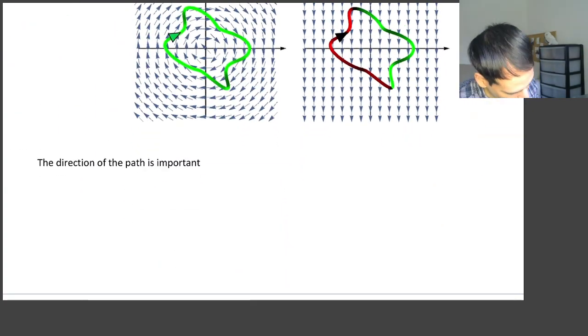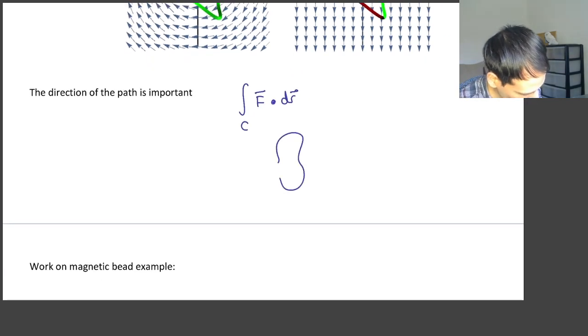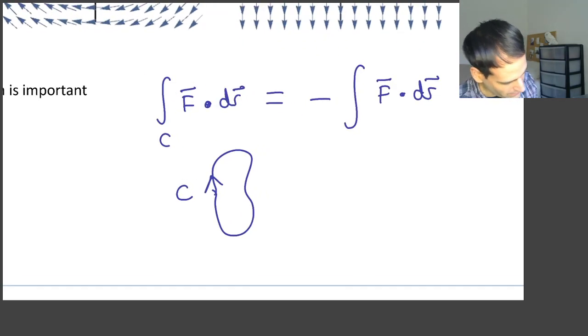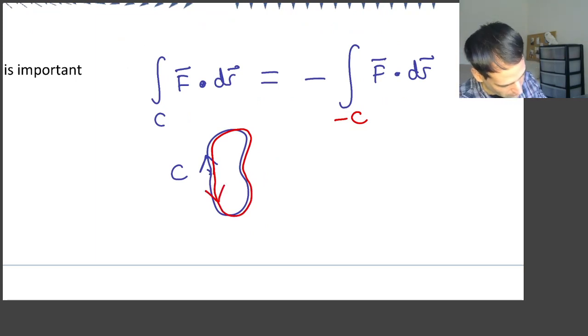Which means that if we're calculating the integral of f dot dr on some curve C defined in this direction, this will be equal to minus the integral of f dot dr on a curve that we could call the curve minus C, which would be an identical curve, but moving in the other direction.